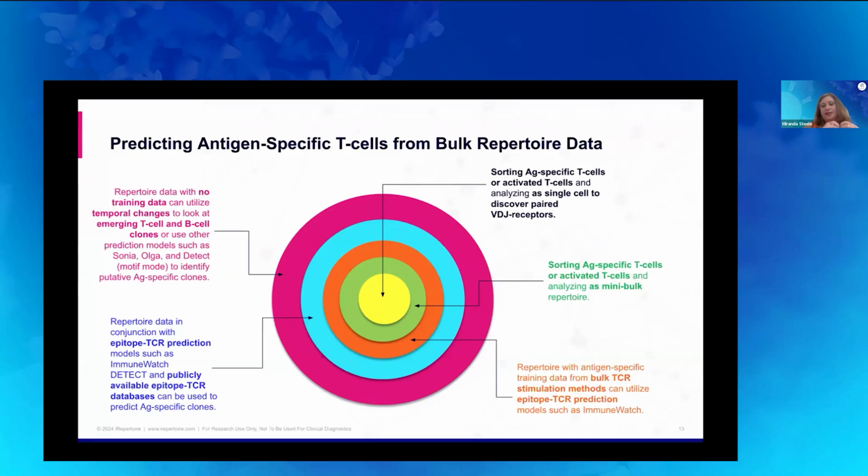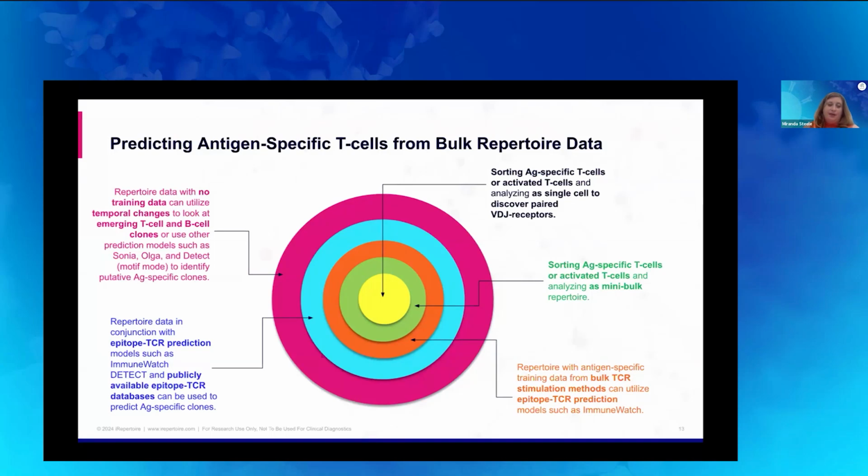And you could be utilizing temporal changes of the immune repertoire to look at emerging T cell and B cell clones. You could be applying other models that maybe aren't using training data, such as Sonia, Olga, or DETECT using motif mode to identify putative antigen-specific clones, but you haven't really applied any sort of training model to that.